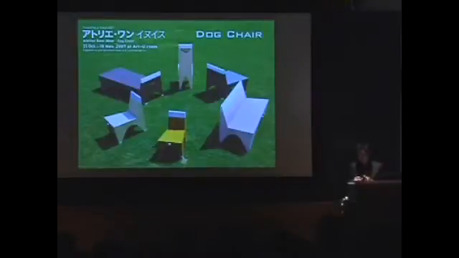And so the deformation is one of the very important aspects of our design.